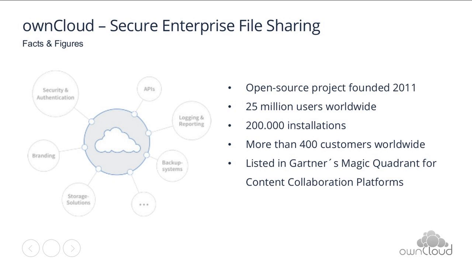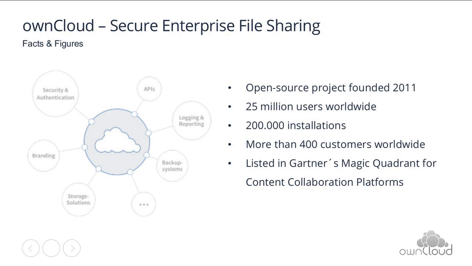The software is based on an open source project which was founded in 2011, and there's a huge community around it consisting of individual developers and supporters that help with the project.